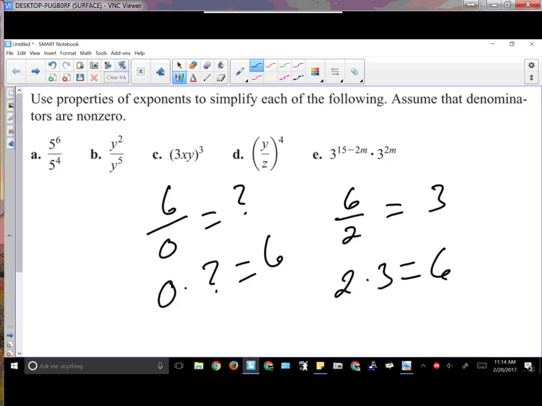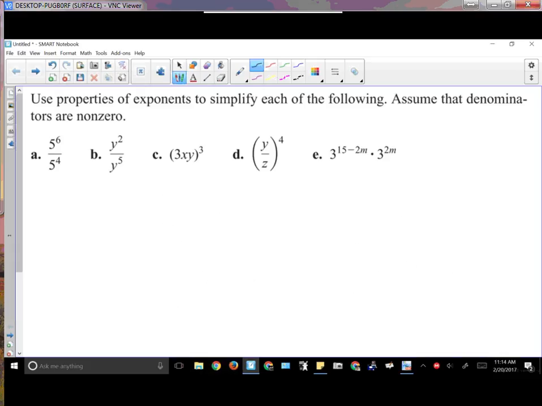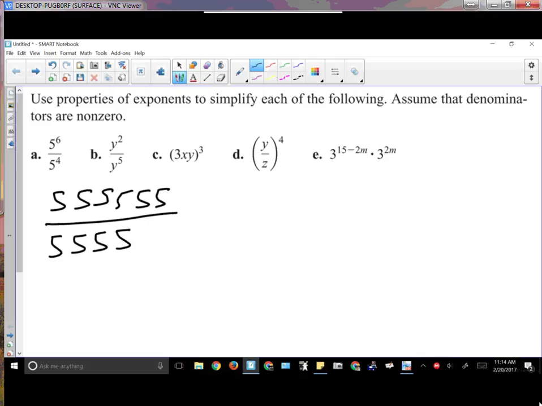So now, you understand that multiplication is repeated addition, yes? Powers are repeated multiplications. So if I have 5 to the 6th power, that really means that I have 1, 2, 3, 4, 5, 6 up there, and 1, 2, 3, 4 down here.